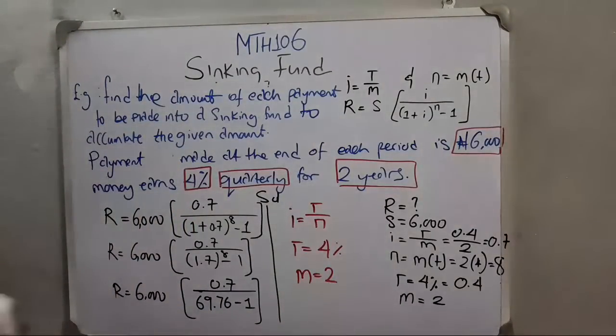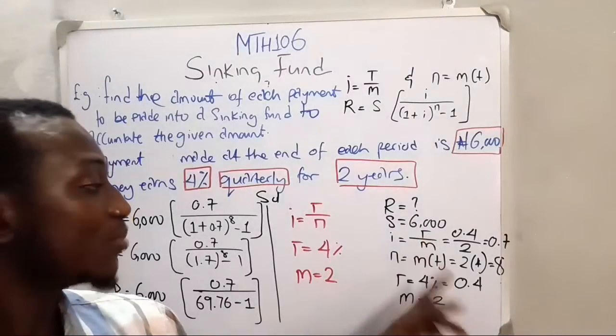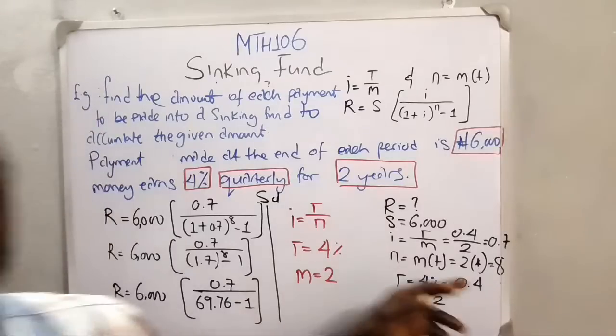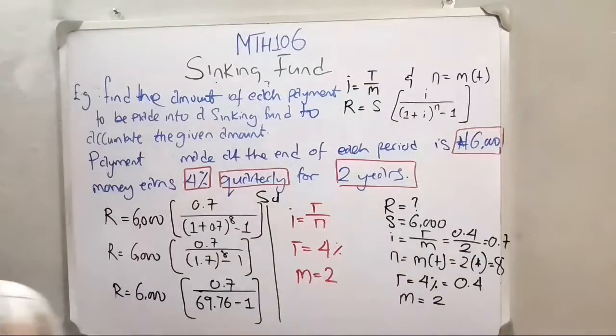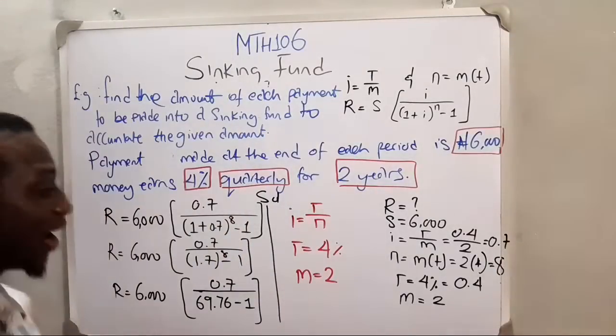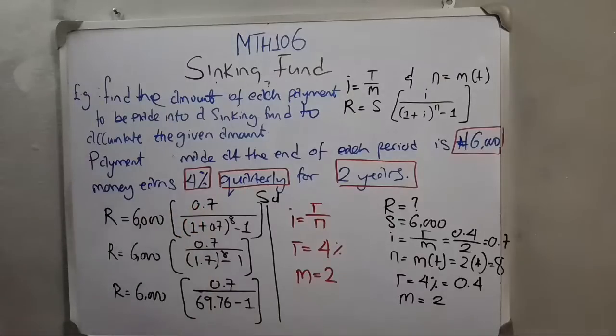That's why we have I equals R over M, which is 4% divided by 100, giving 0.4, divided by 2. That's how we got our 0.7. So our I becomes 0.7.